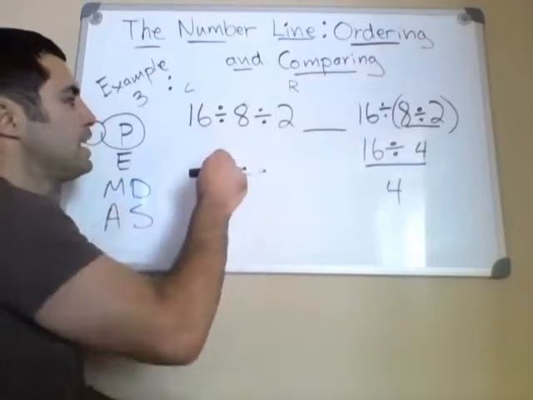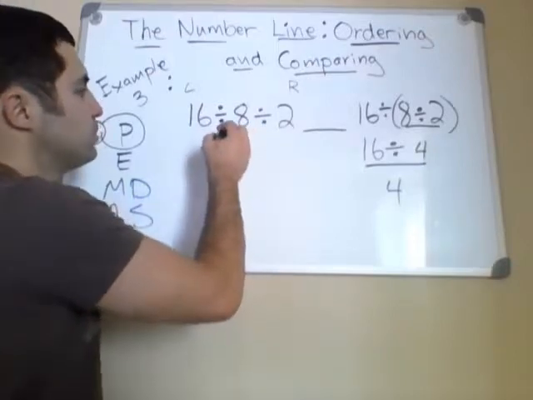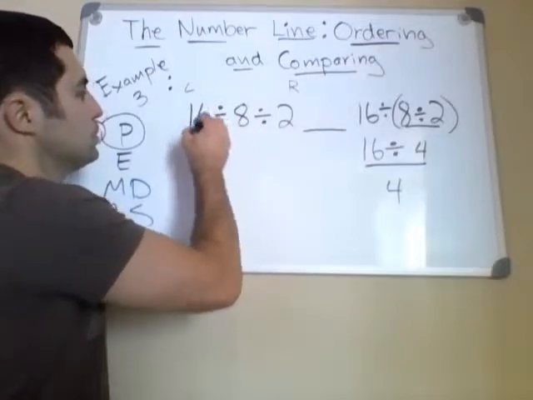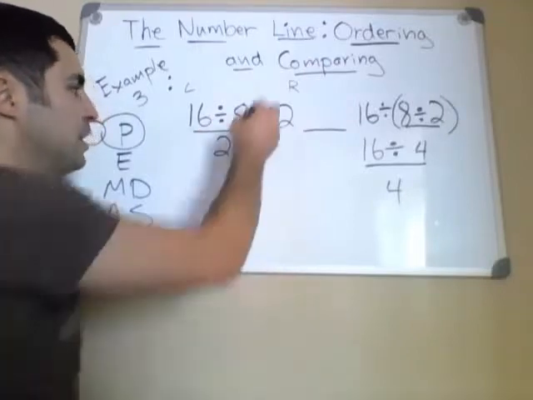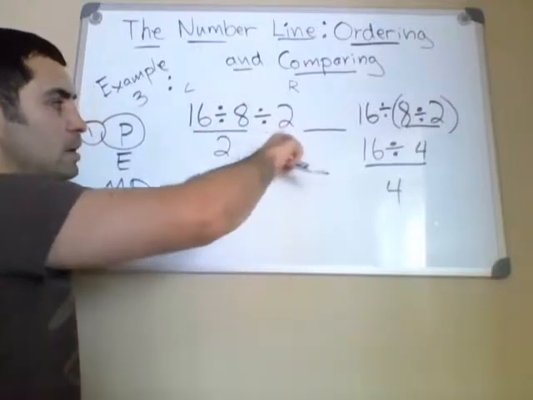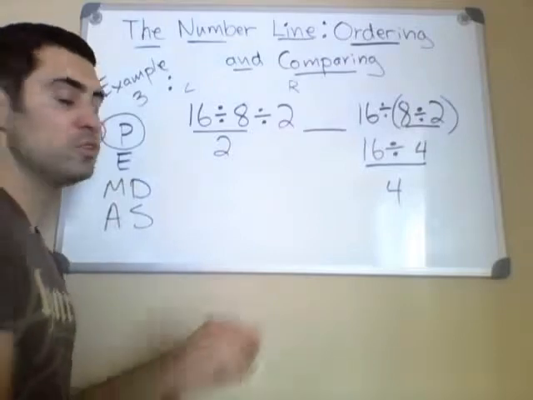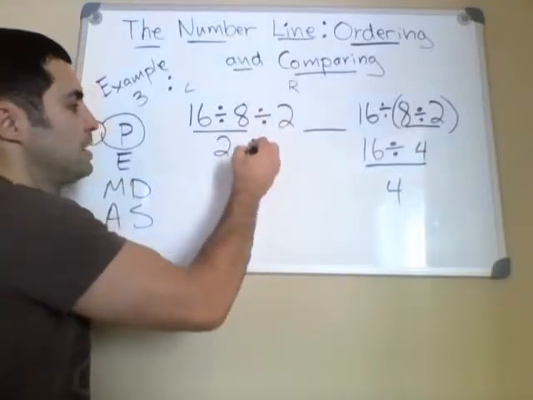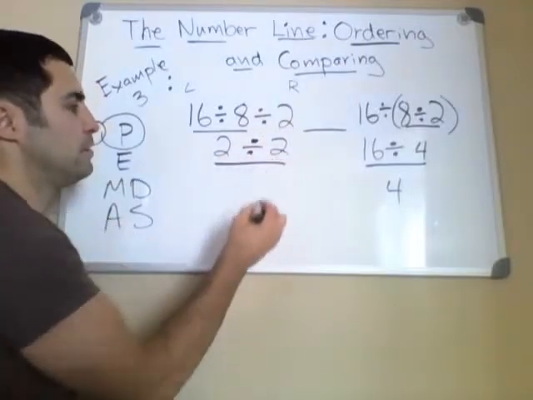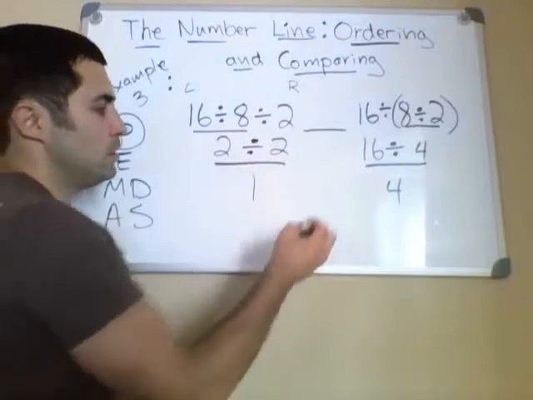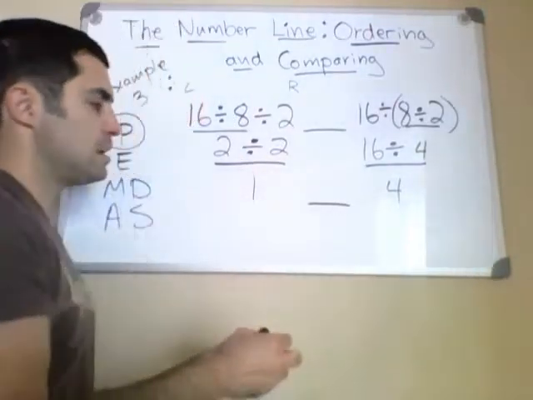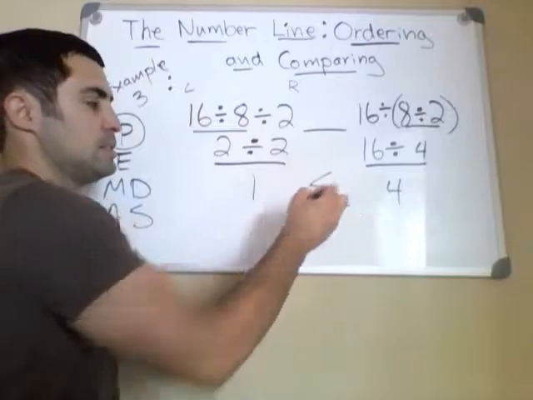So 16 divided by 8 is going to be 2. Since I haven't evaluated the divided by 2 yet, that comes straight down. Divided by 2. Now I evaluate that. 2 divided by 2 is 1. So it's clear to see that 1 is less than 4.